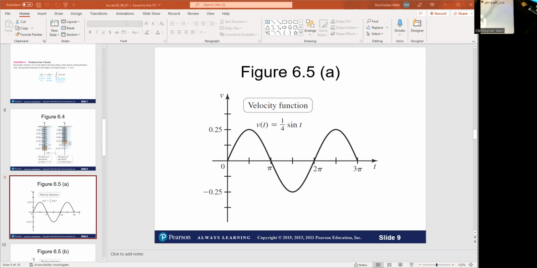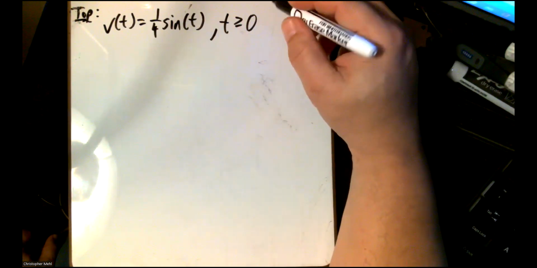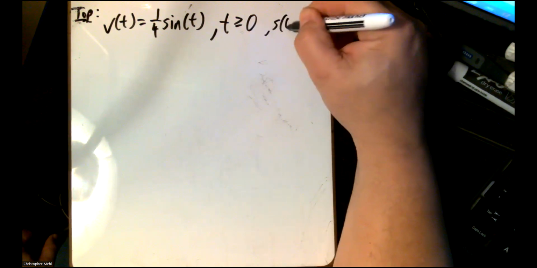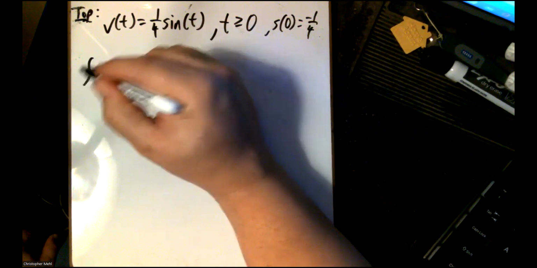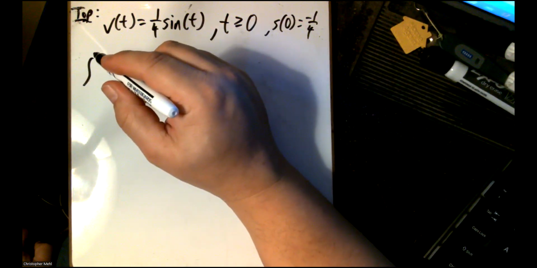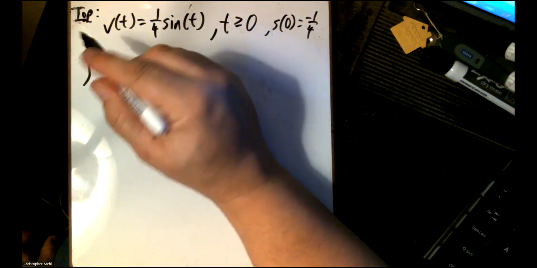All right, so part A is we want to find the position of the block for time T greater than 0. We were given V of T right here. We were told S at 0 was -1/4, right? And so we want to find the position function for T greater than 0.